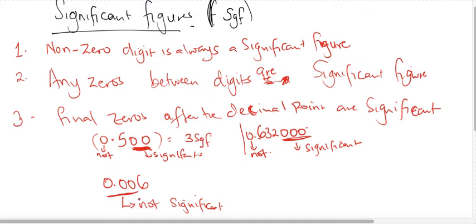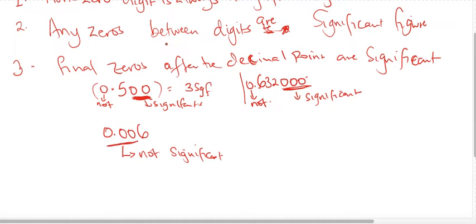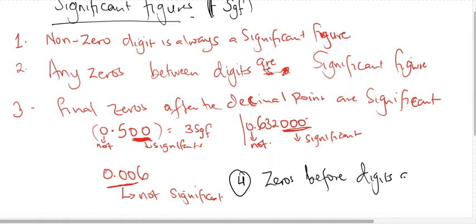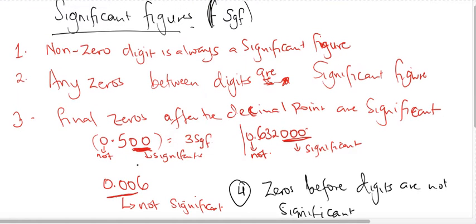In fact, I think we should create rule number 4: zeros before digits are not significant. Well, here we go. We have the rules that will guide everything about significant figures. Alright, so I hope you understand this.